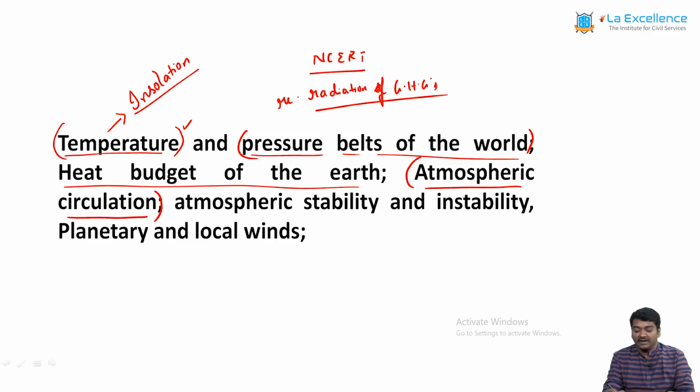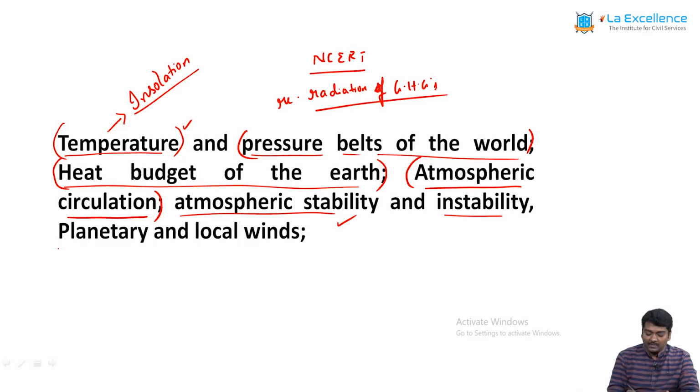You can call it re-radiation back to the earth. Those type of concepts also have to be included when you're talking about the heat budget of the earth. Atmospheric stability and instability is a concept associated with cyclonic and anticyclonic conditions, low pressure and high pressure areas. There will be certain weather phenomena associated with this. All these aspects you have to see in detail.